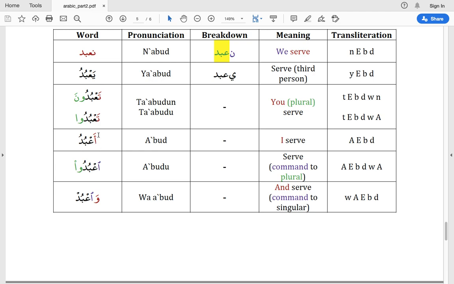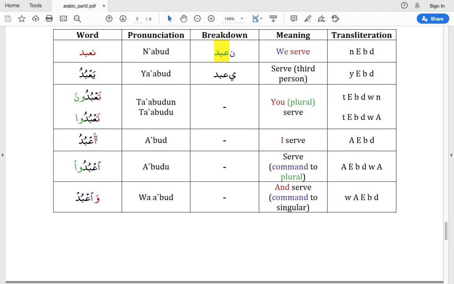A'budu: alif, ain, ba, dal. You're going to see something interesting here. The alif has a hamza. This is called a hamza at the top, and this hamza makes it I. Because the next one we have alif again, and except for the green part, these are pretty close together.